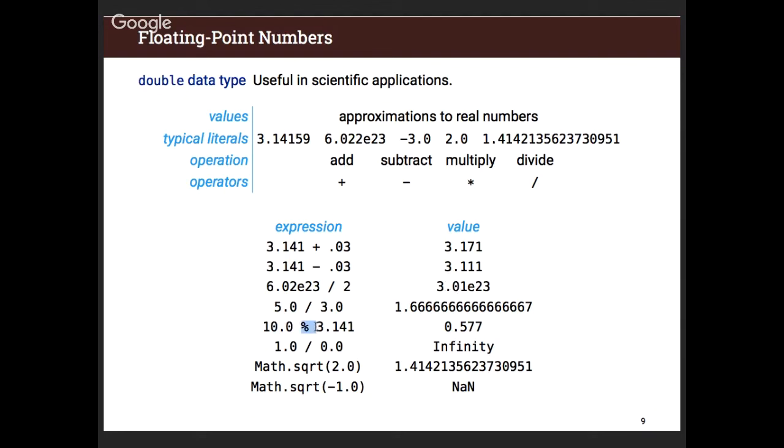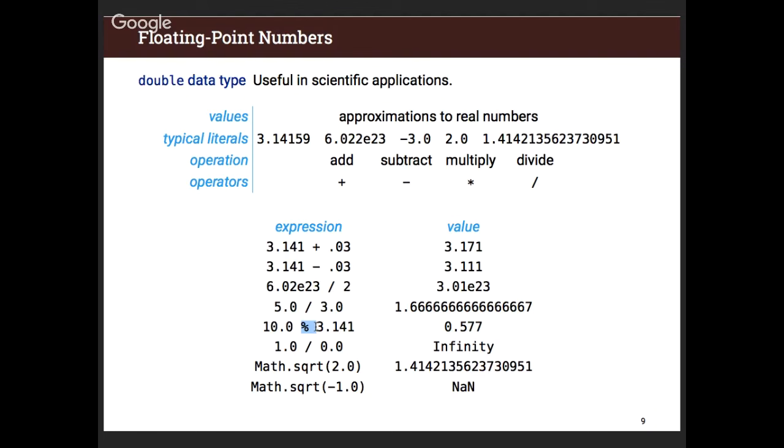Odd thing is you can also do remainder, which is not usual in mathematics. In mathematics, we don't usually say that you can perform remainder on real numbers. For integers, it makes perfect sense.